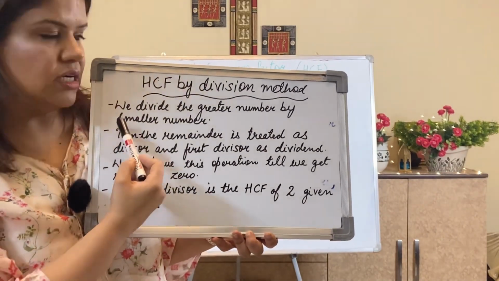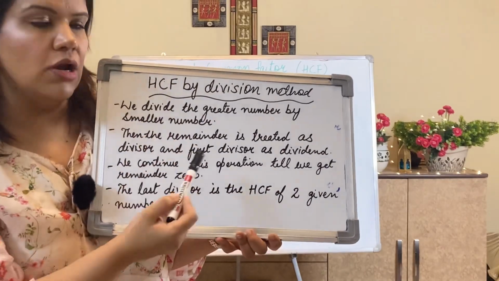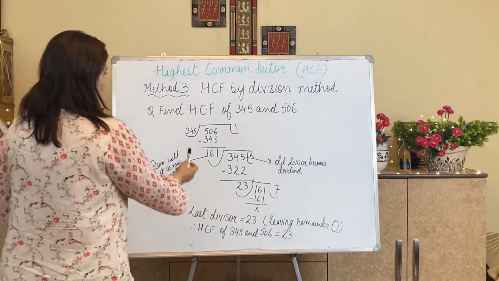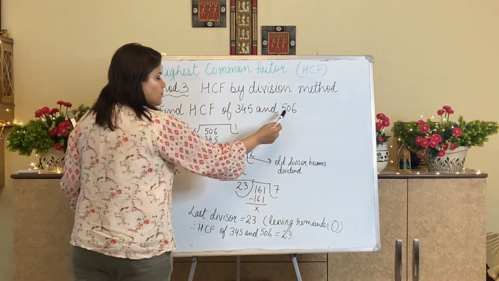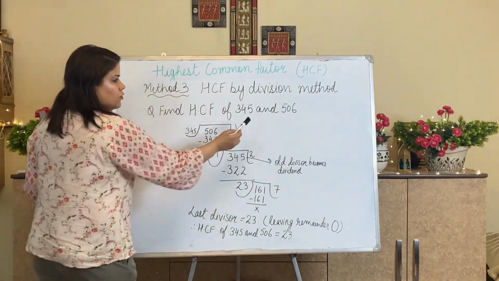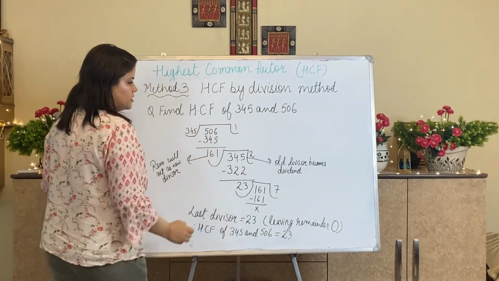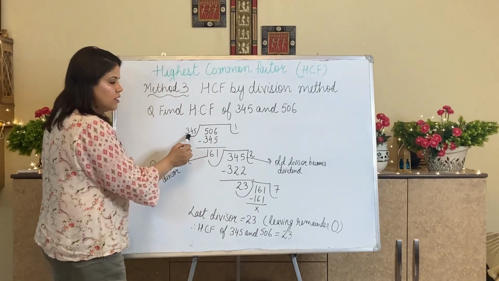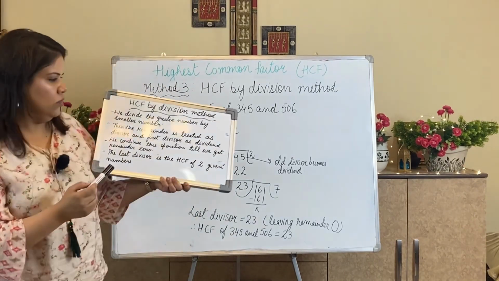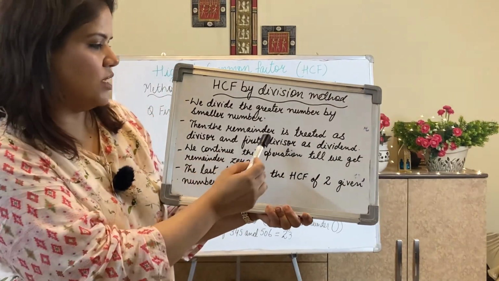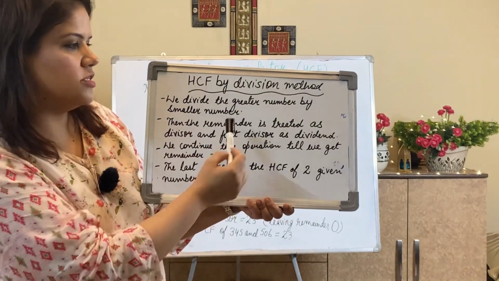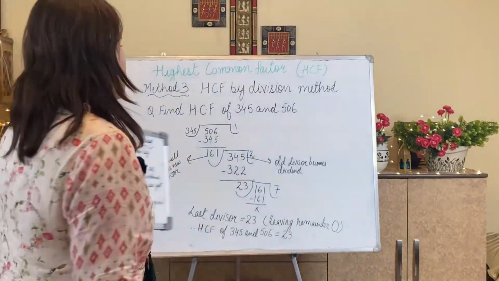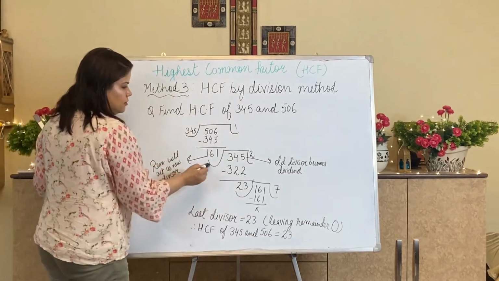First step is divide the greater number by smaller number. See, I am finding the HCF of 345 and 506. Which one is greater? 506 is greater. So greater number by the smaller number. Then I told you the remainder is treated as a divisor and first divisor as dividend. So this is my remainder.